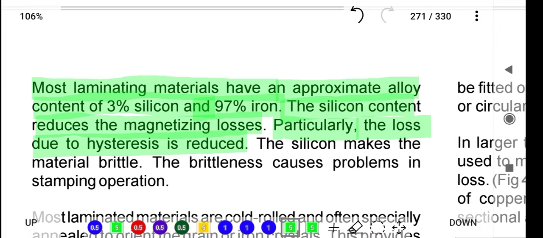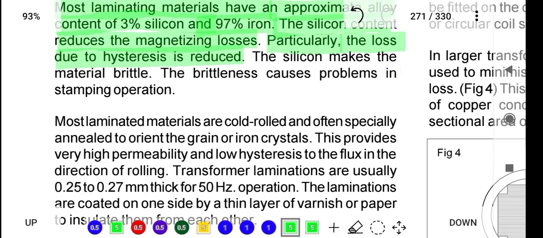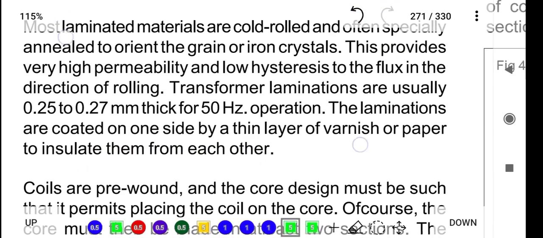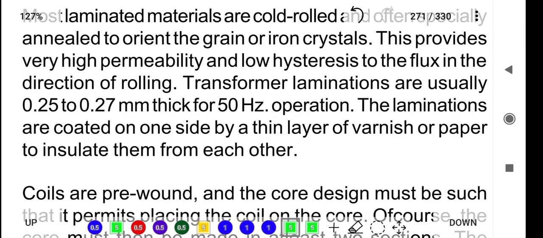Next, if you come down here, we can see that one more point is there. What is the point? The transformer laminations are usually 0.25 mm to 0.27 mm thick for 50 Hz operation.